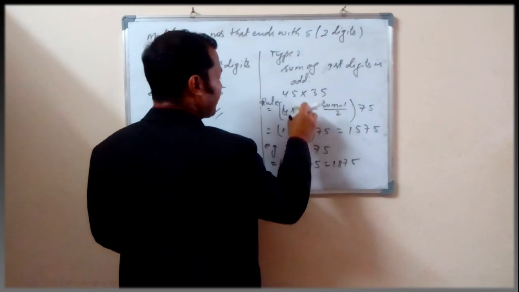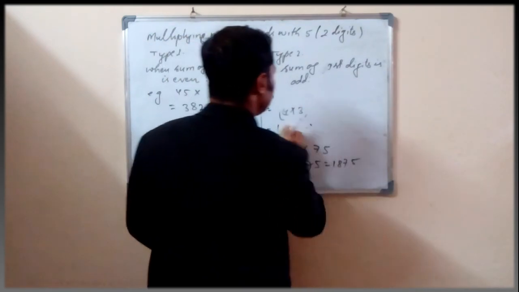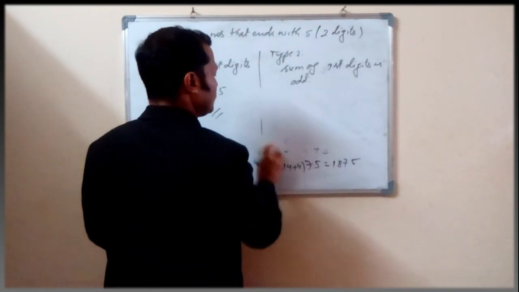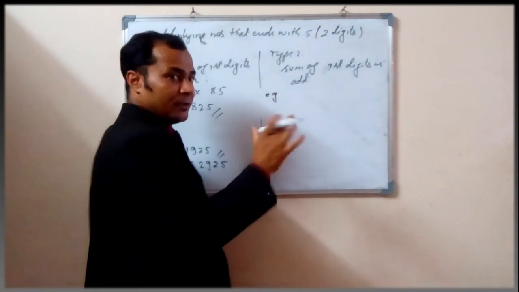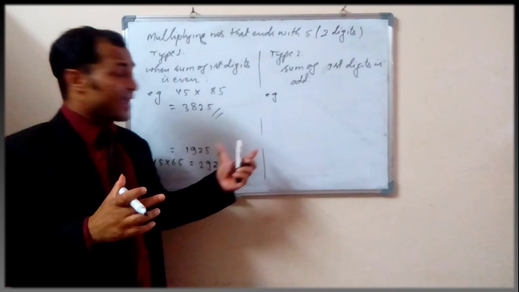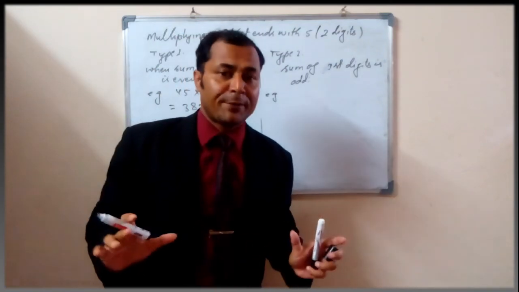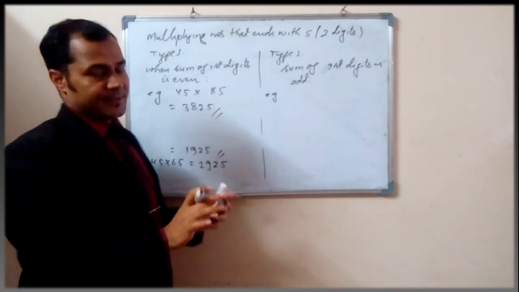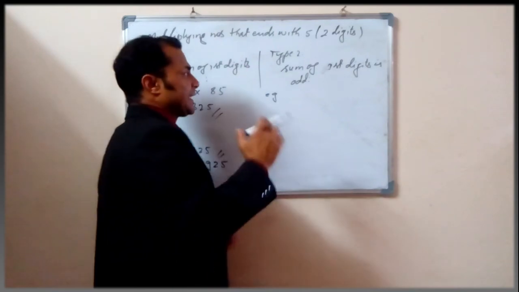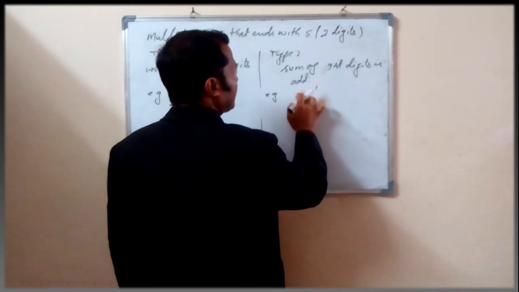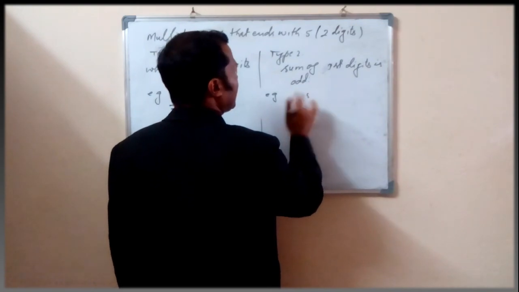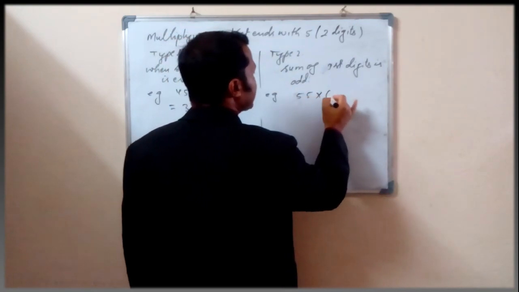Let me show you one more example over here. Keep in mind that these techniques work only for 2-digit numbers that end with 5. So just have a clear concept, no more confusion. One more: 55 into 65.